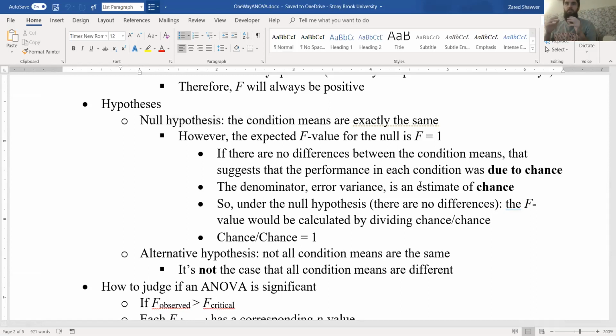And so we're psychologists, we can test this. We can run a study in which we think, okay, well, maybe the type of music we listen to will affect how we remember things.